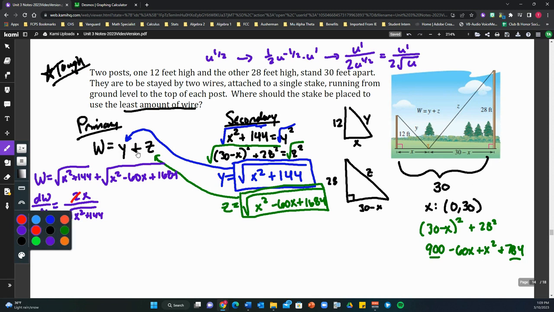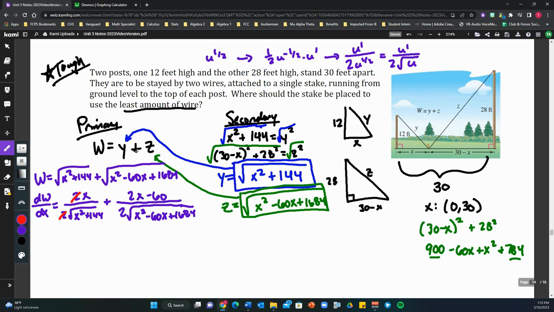All right. Now for the second guy, it's a bigger u or bigger inside function, but the structure is still the same. It's still a square root of something. So we'll end up with 2 square roots of that something in the denominator. So I can go ahead and get that in there. And then for this inside, the derivative would be x squared turns into 2x. Negative 60x turns into negative 60.